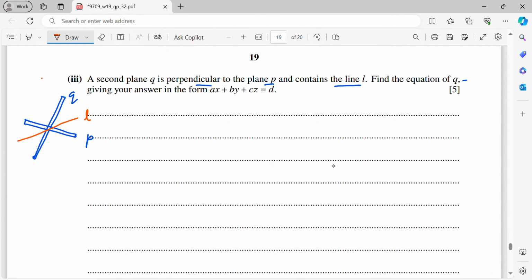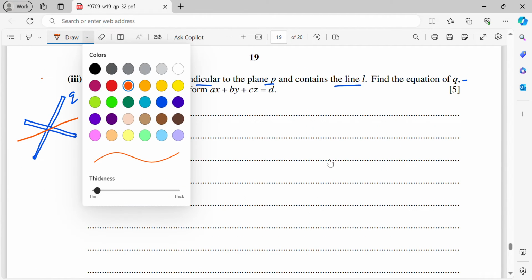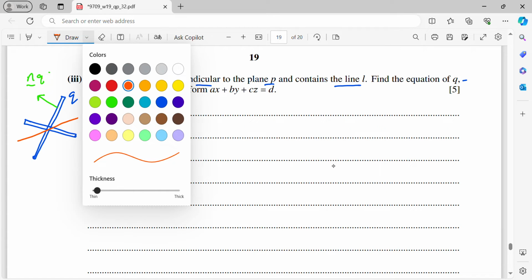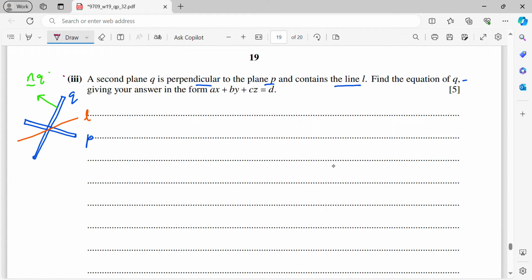So now, from the Q, we need to find NQ. And then for the P, I have NP. So obviously, NP is perpendicular to NQ, because they are perpendicular to each other here.